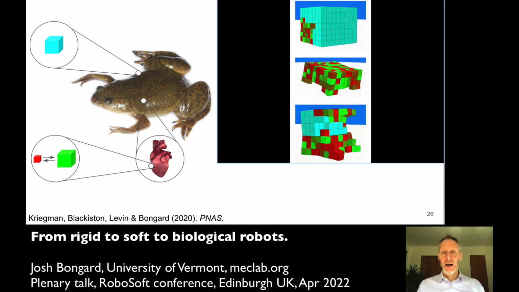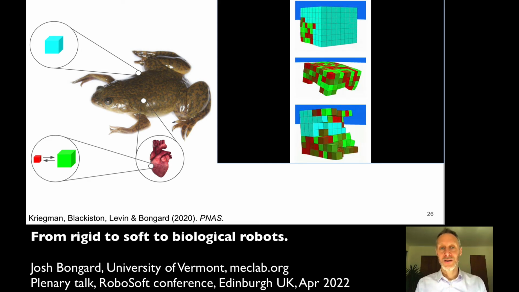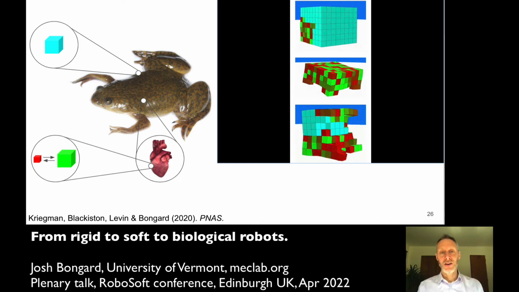Here you see three initial random simulated xenobots taken from a population of 100 random simulated xenobots. You can see that evolution is trying out different 3D geometries, and it is also trying out different combinations of skin and heart muscle tissue.